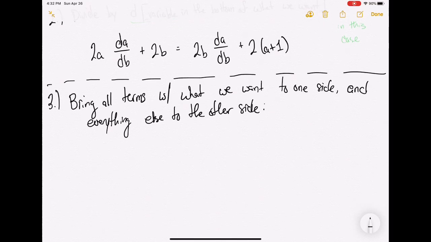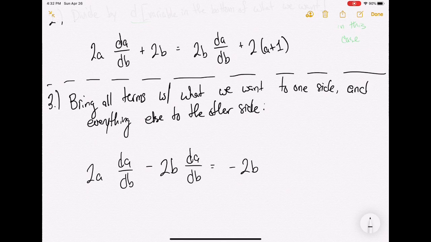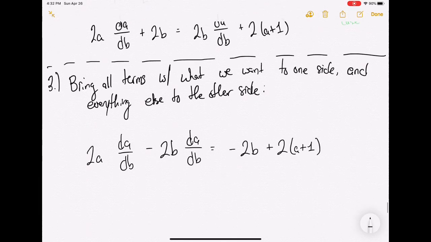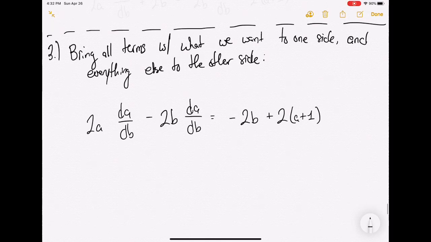So the two terms with dA over dB, I'm just going to bring to the left. 2a dA over dB minus 2b dA over dB equals negative 2b plus 2a plus 1. So I've just separated the side with dA over dB from the side without.